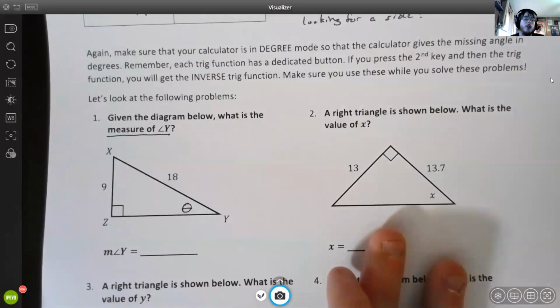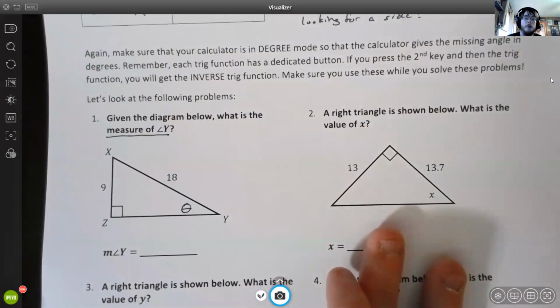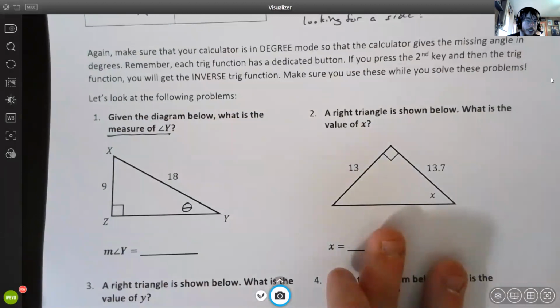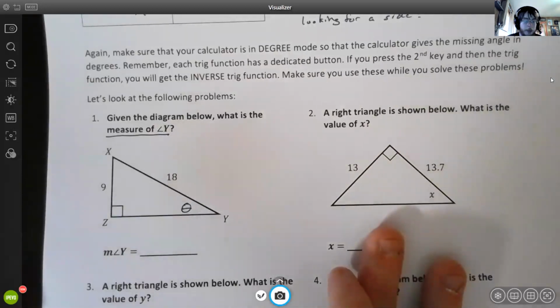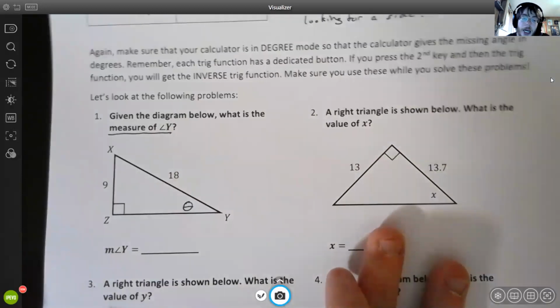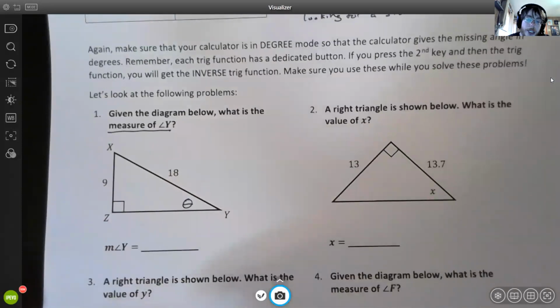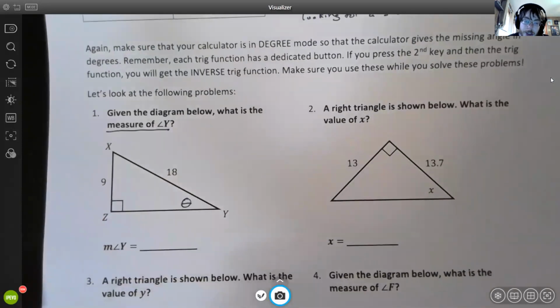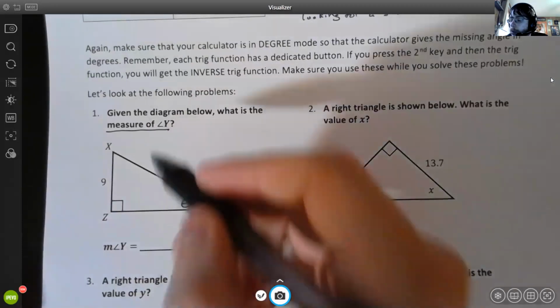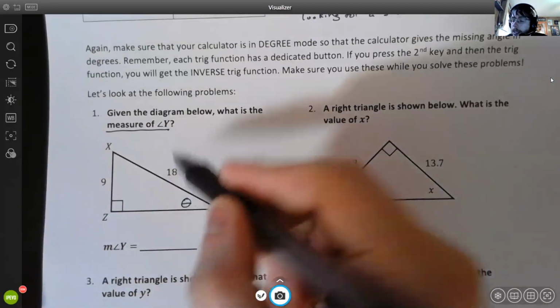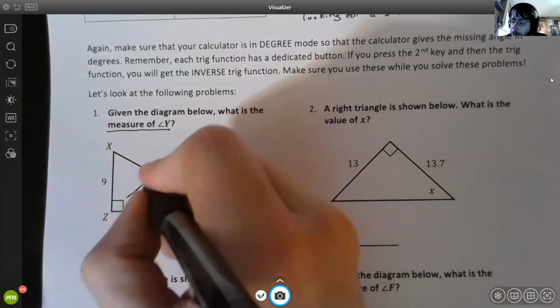Now the next thing is we're going to do the same exact thing we did when we found sides. We're still going to label our sides with O, H, and A. But what we need to do is make sure that we solve it correctly after we set up our equation. So I always like to find your hypotenuse first. You can do it whichever way you like, but the hypotenuse is always going to be the easiest one to label first. So your 18 here is on the hypotenuse because it's opposite of the right angle.